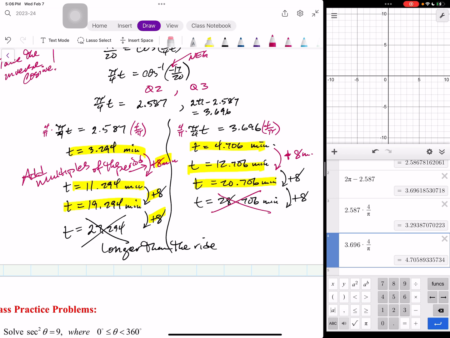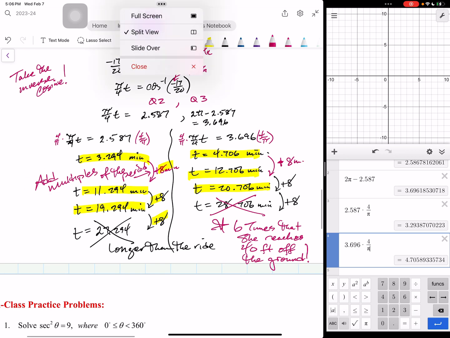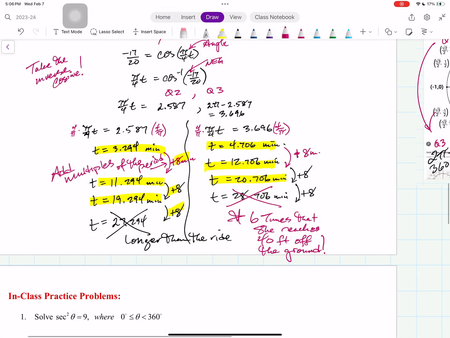Six times that she reaches 40 feet off the ground. There we go, my friends, and that is how it's done.